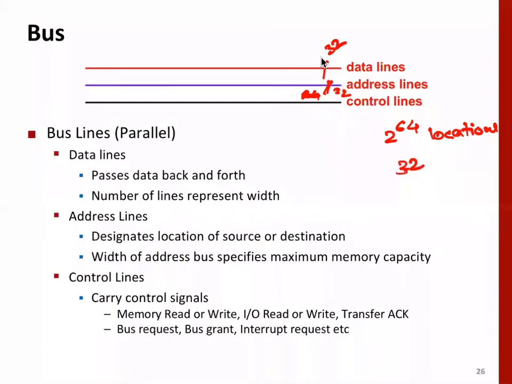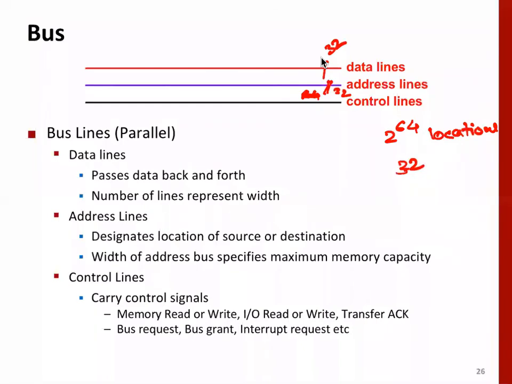Now apart from these two, there is something called control lines which carry control signals. Control signals are required. When you have done digital circuit design, when you are writing into memory, there's something called a write enable signal that is to be enabled. Otherwise, until this signal is available, whatever is available at the input cannot be written.